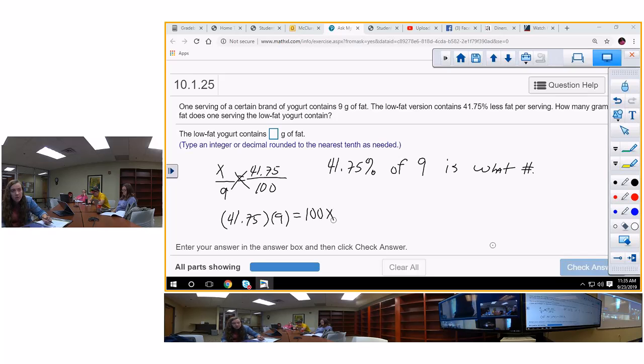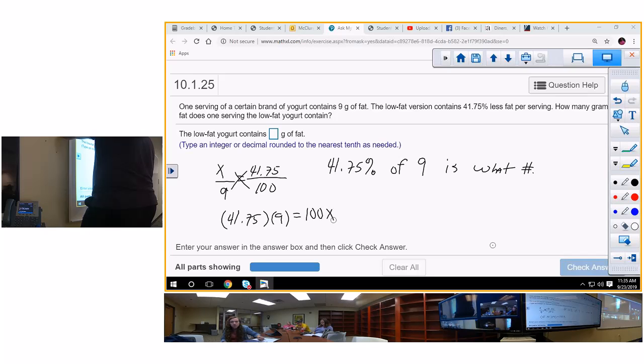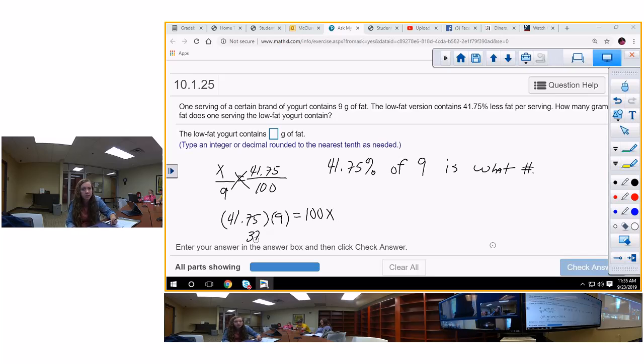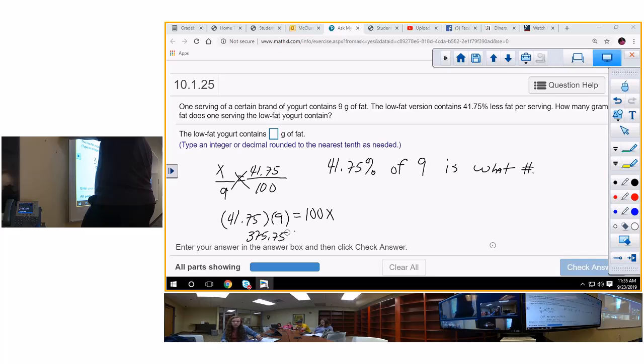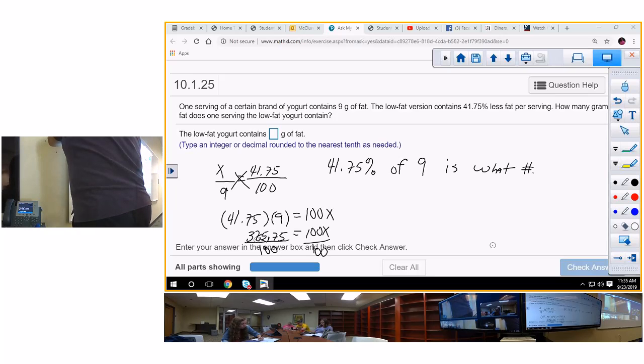Okay, y'all should have it. 9 times 41.75 is 375.75. Equals 100x. And what does the decimal do when you divide by 100? Move it 2 places to the left since you're dividing.